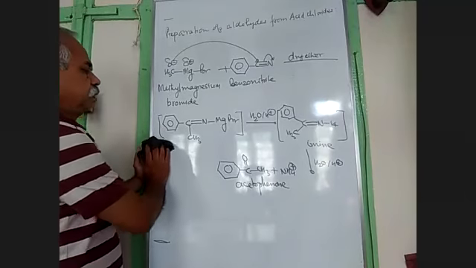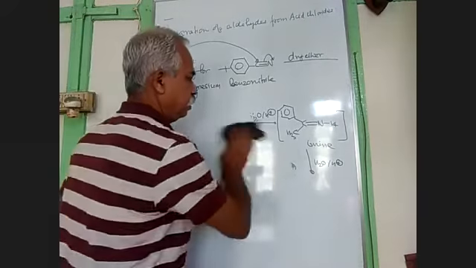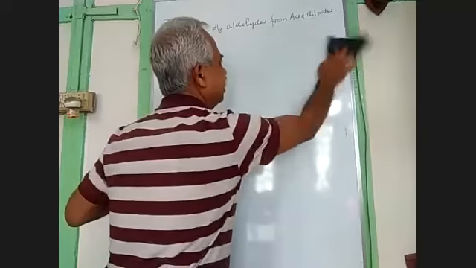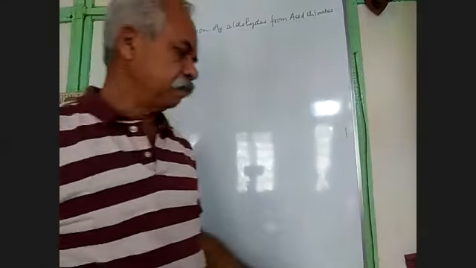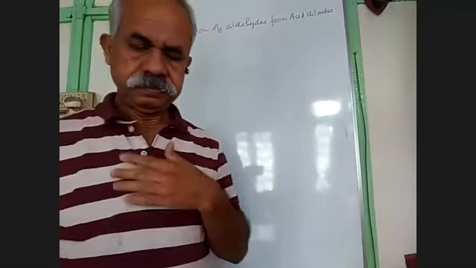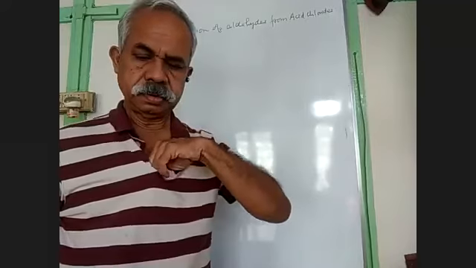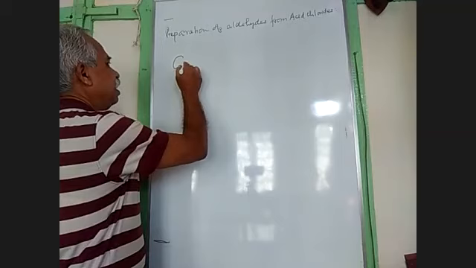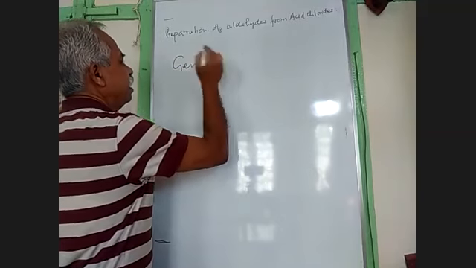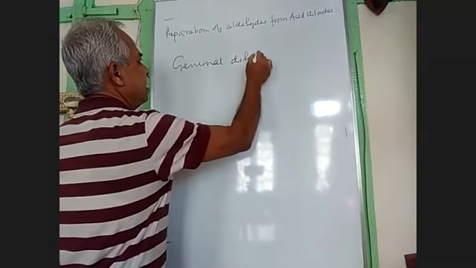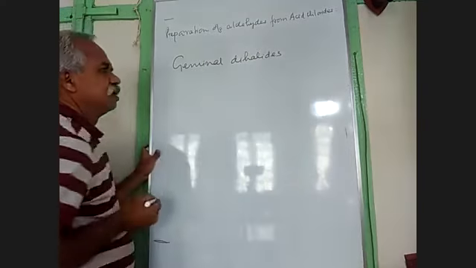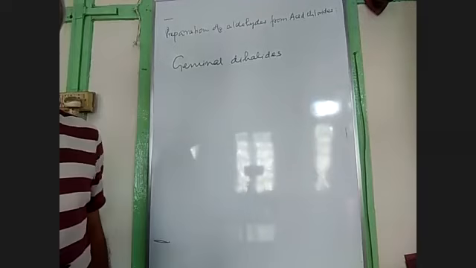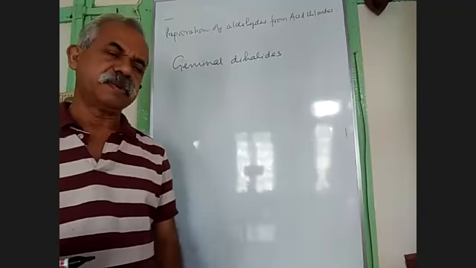Okay, so now we have learned this one. Then right, next preparation. Preparation from geminal dihalide. Geminal dihalide means where both the chlorine or bromine are on the same carbon.